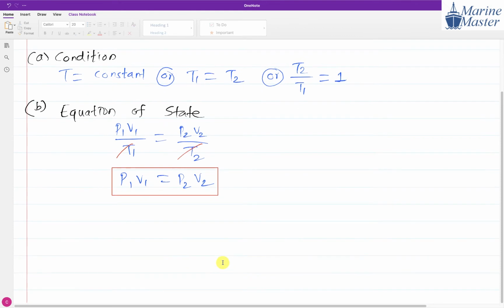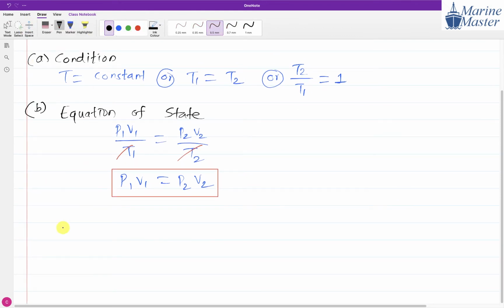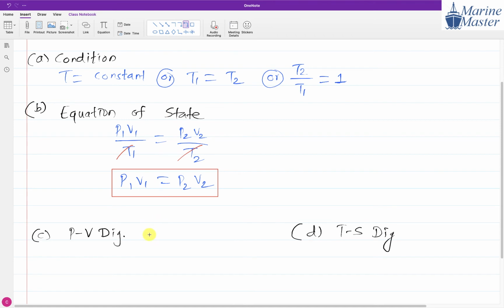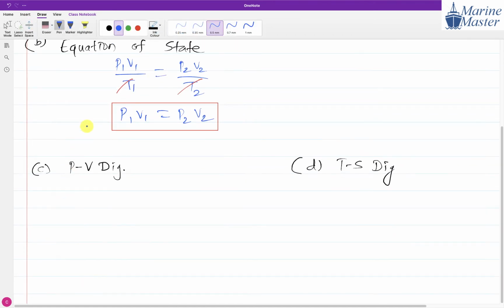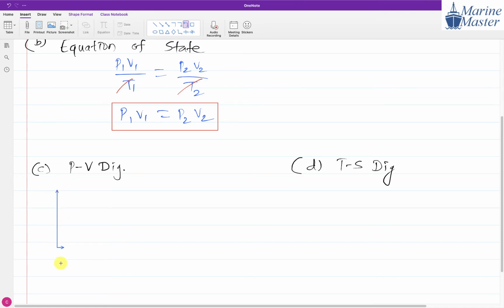Now our C point will be the pressure volume diagram, and D point is the temperature entropy diagram, the TS diagram. So how to deal with the pressure volume diagram and temperature entropy diagram? See the things here carefully.